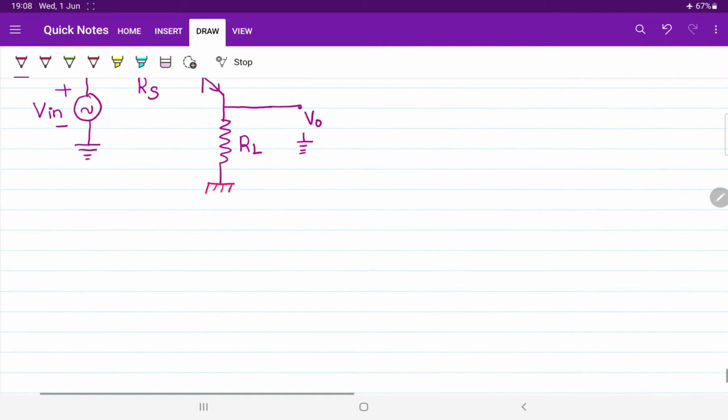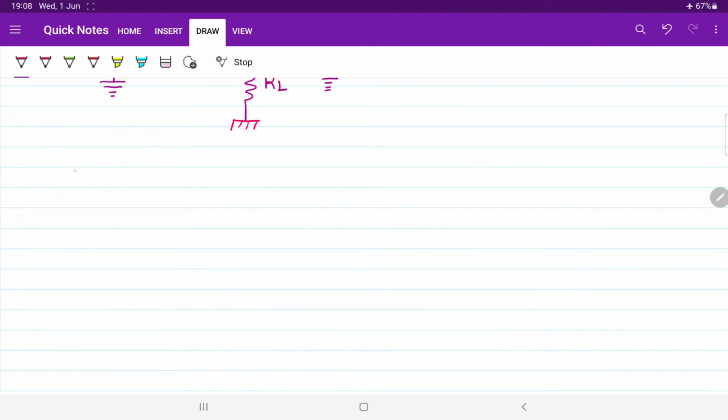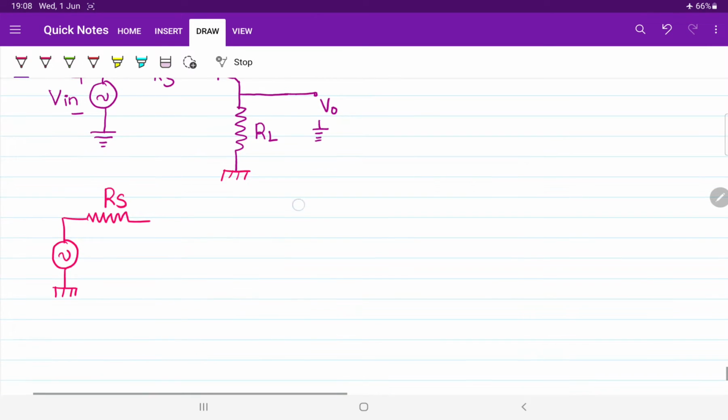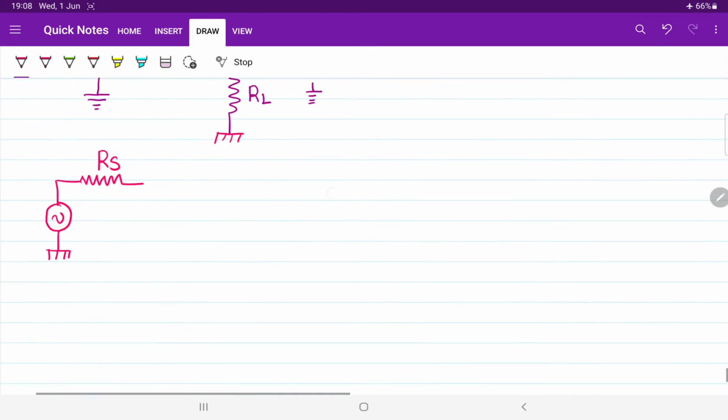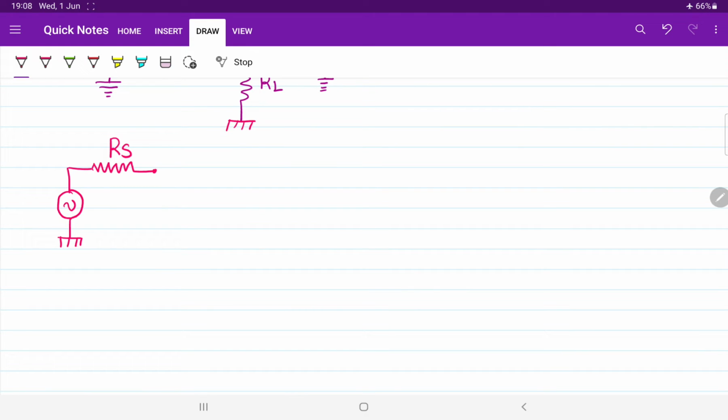After that, let's start drawing the equivalent circuit of transistor. So we have to start from input supply, that is AC input voltage. After that, there is one resistor given, that is RS, the source resistance. After that, we have to replace the transistor by its equivalent AC model.